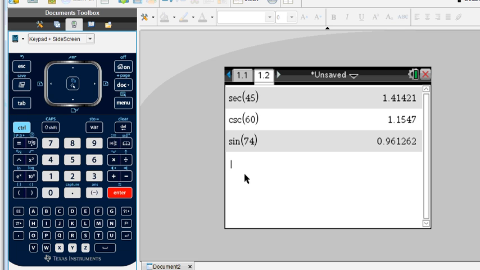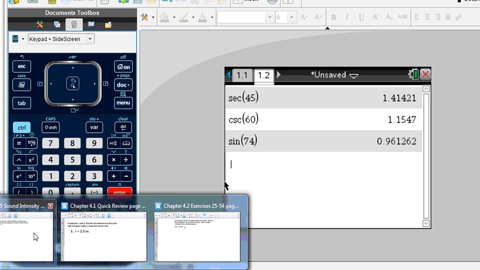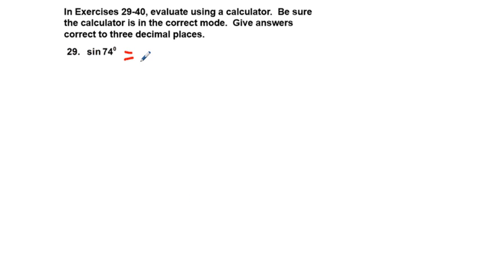So we get 0.961262. So 3 decimal places is going to be 0.961. So instead of equals, I'll say approximately equal to 0.961.